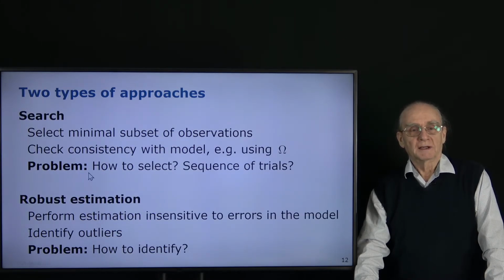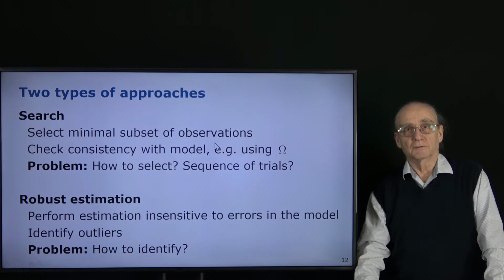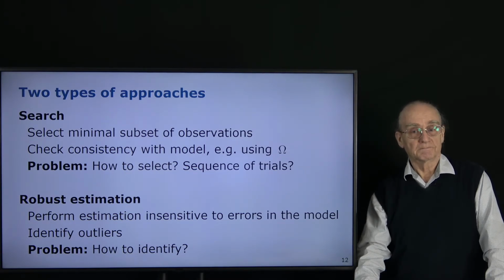So the idea of search would be, say, I take a minimal subset of the observations. So in our case of a similarity transformation in 3D, we would need at least 3 points to be able to determine the similarity. And then we take this similarity transformation and check whether this transformation is consistent with the other data.